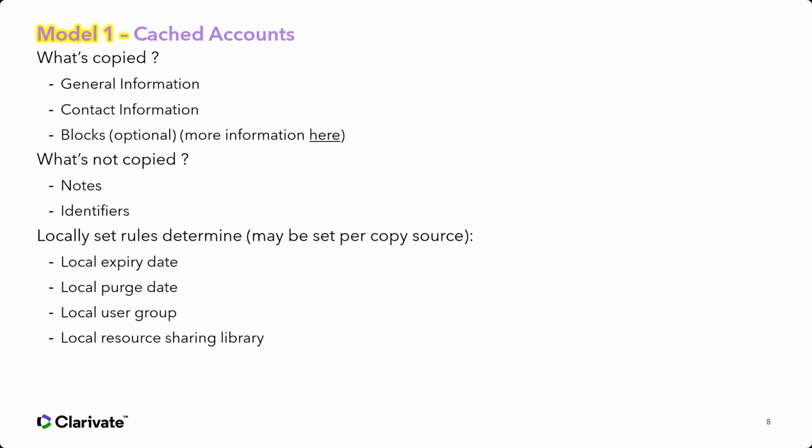It includes information like gender or a title, if you manage them, or other information on the general tab of the user form, in addition to the contact information, which is the second tab on the user form. That's where the emails, physical address, and phone numbers, if you manage them, are managed, and they also get copied from A to B.